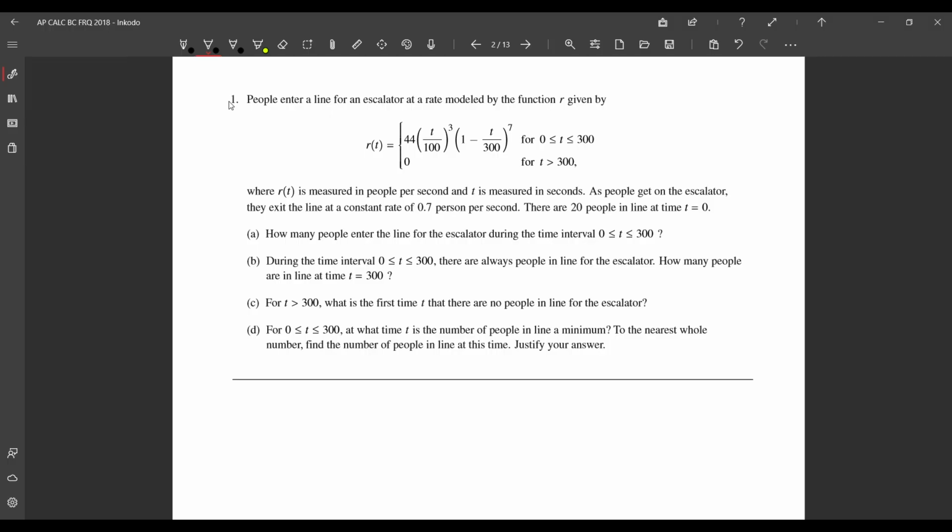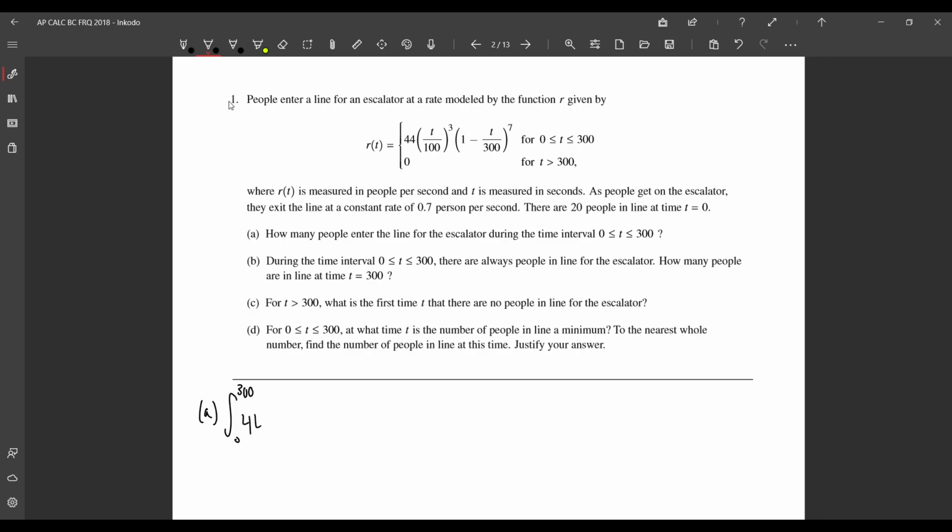I'm assuming that part A is just asking for us to integrate R of t from 0 to 300. That's how many people would enter over that time interval. So we'll just go ahead and do that.